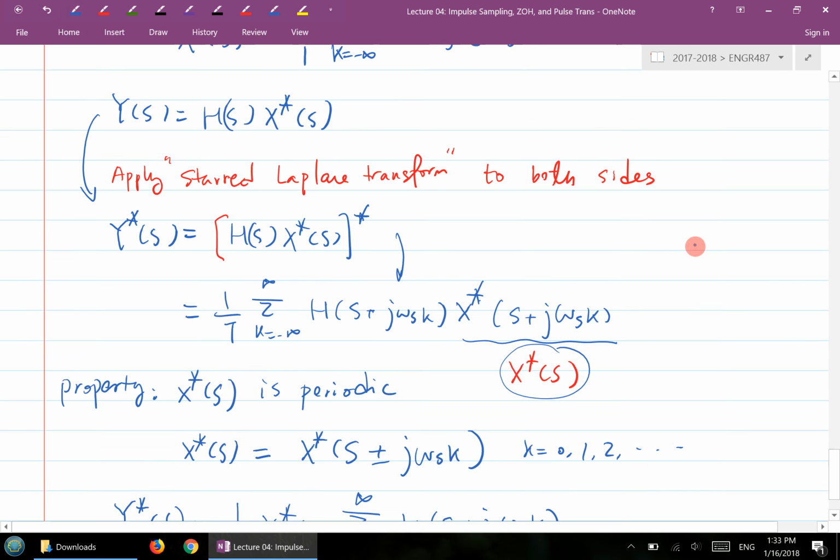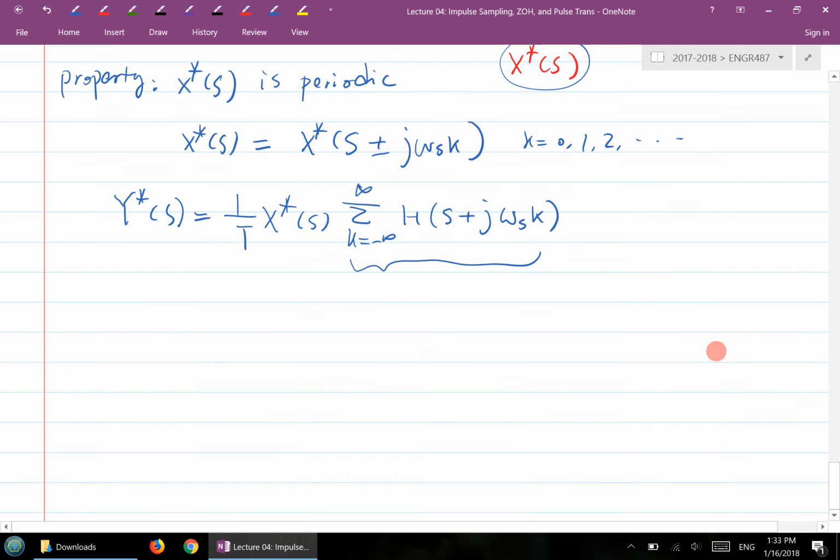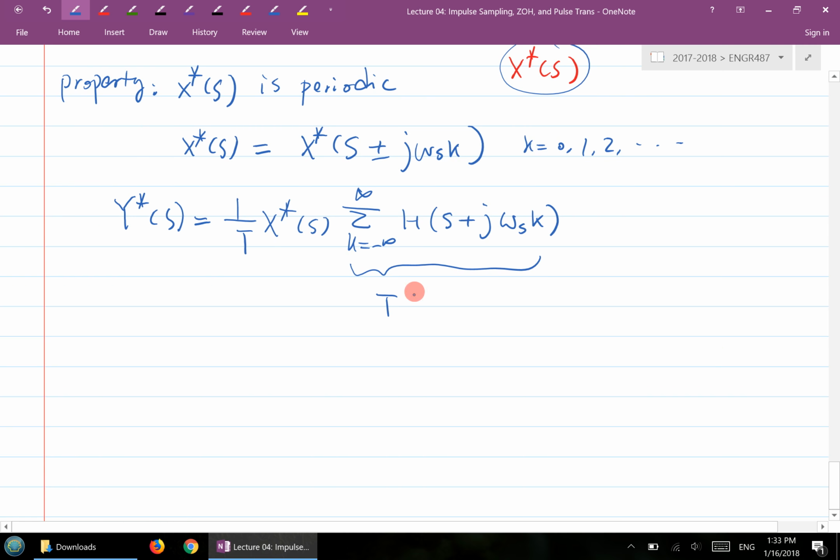So this term here is T times h star of s. That's your star operation definition. So now we can just get rid of this. Altogether it's x star of s times h star of s.